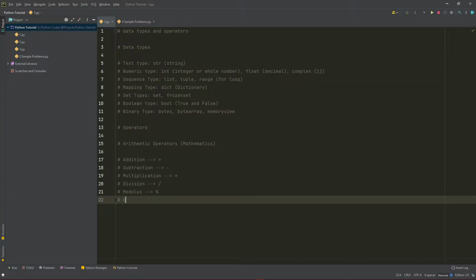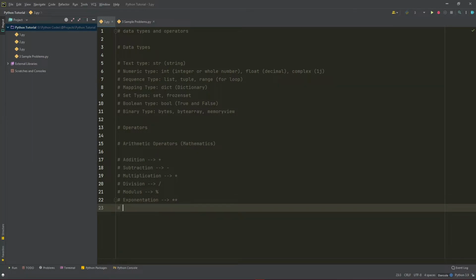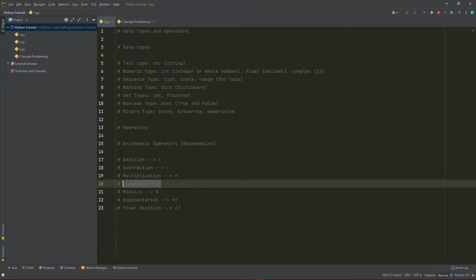And then we have the exponentiation. So this is basically like in the x squared, the x cubed. All right? So it uses the double asterisk. Okay? And lastly, we have the floor division. Now, the floor division uses double slash. Now, if you want to have an accurate quotient, you use the regular division.